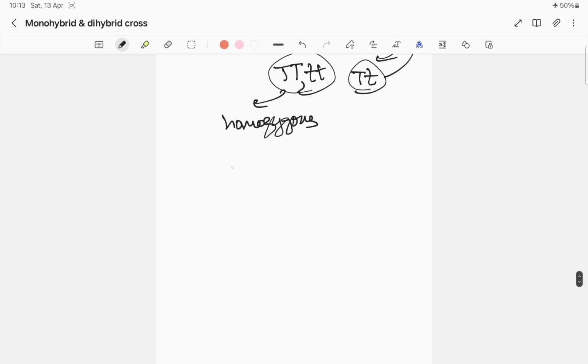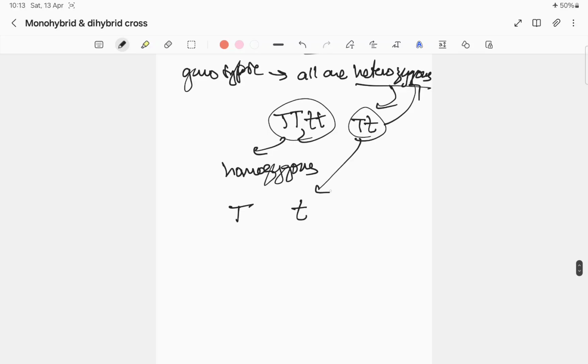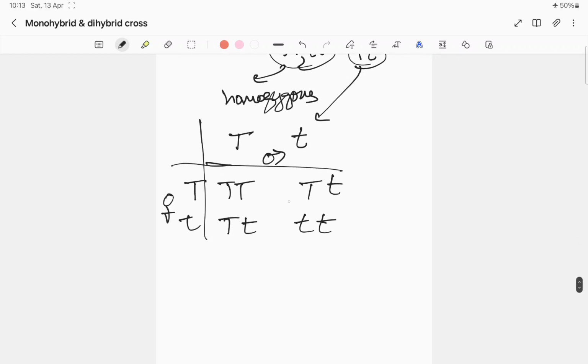Now we will do the Punnett square for this F1, capital T small t. I will take a Punnett square. Let's take this as male, and again female parent capital T small t, capital T, capital T small t, capital T small t, small t. Just understand how this came.